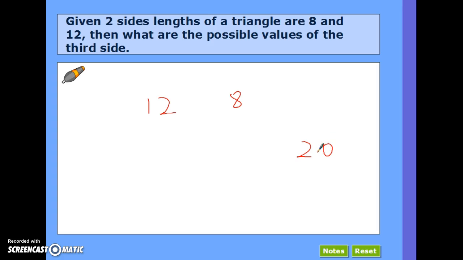And the lower boundary for the third side is the difference between the two numbers. So we'll take the larger number minus the smaller number. So 12 minus 8 is 4. So the third side, if we call it x, is greater than 4, but less than 20. So the third side could be any number between 4 and 20.